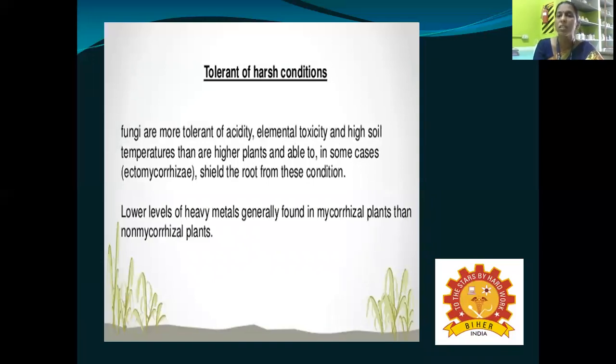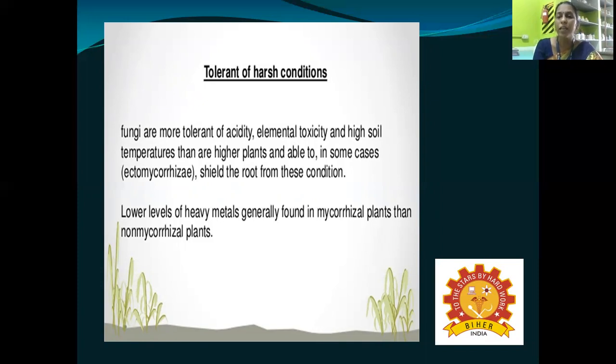And then the next thing is tolerance. Tolerance means the fungi are very tolerant to acidity. Acidity means the soil pH. The pH of the soil around 5.5 to 7 is suitable for the growth of a plant, but if it is acidic, around 3 to 4, or alkaline, 9 to 10, in those cases it also affects the growth of a plant.